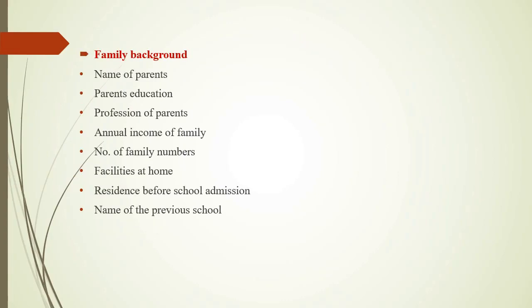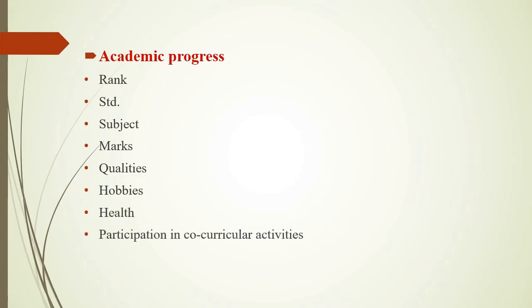Those points are related to family background: name of parents, parents' education, profession of parents, annual income of family, number of family members, facilities at home, residence before school admission, name of the previous school, academic progress, rank, standard, subject, marks, qualities, hobbies, health, participation in co-curricular activities, remarks by teacher, remarks by head of institution.